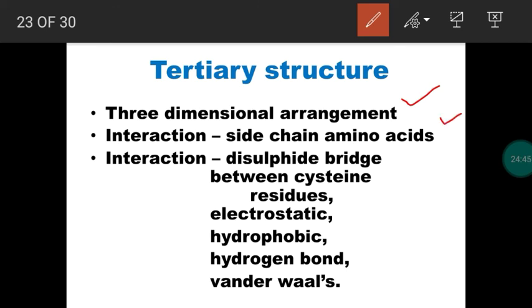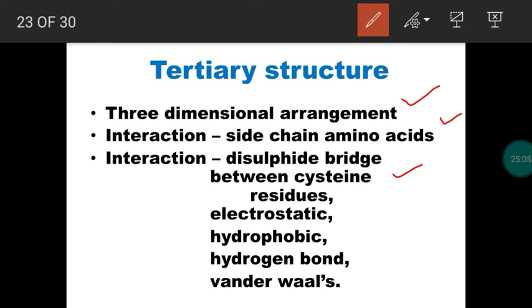So the tertiary structure has a three-dimensional arrangement. Between the amino acids, we have interactions. Right? Like in secondary structure, in alpha helix as well as beta strand, we have interactions like hydrogen bonding. So in tertiary structure also interactions will be there. So not only hydrogen bonding, many interactions are possible. What are the interactions? Disulfide bridge.